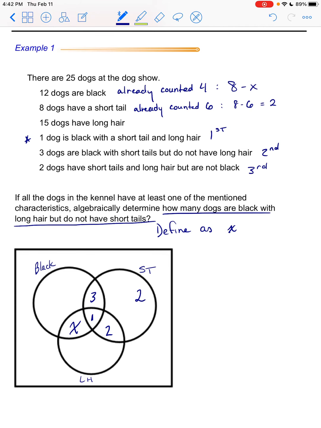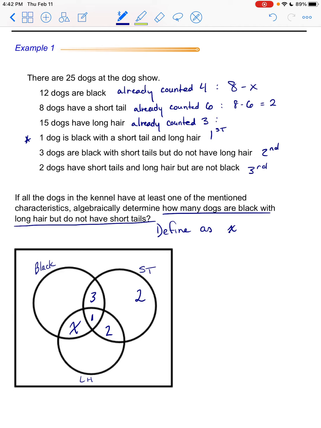Okay, 15 dogs have long hair. Well, we've already counted 3. And we know we have an x number of dogs that are going to have long hair and be black as well.